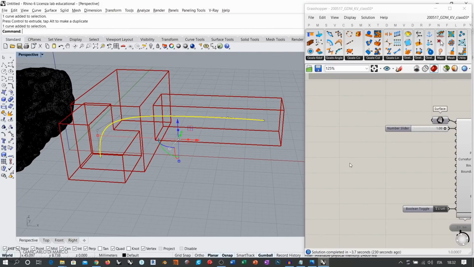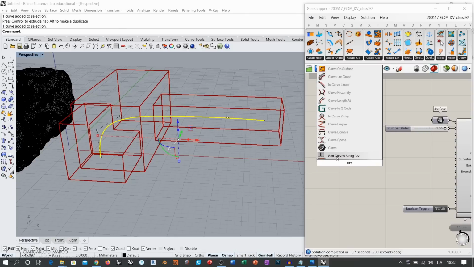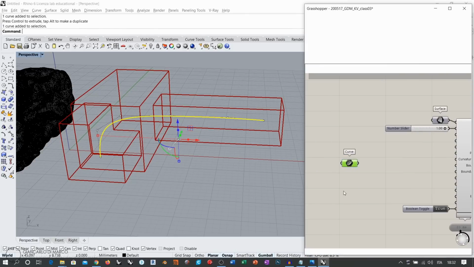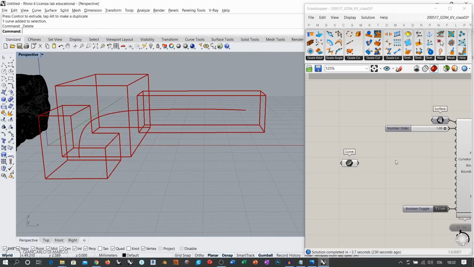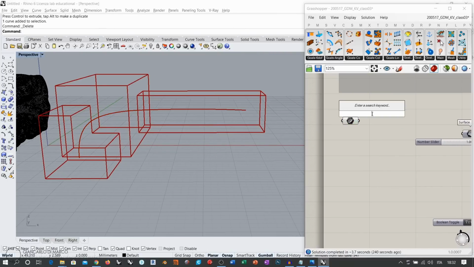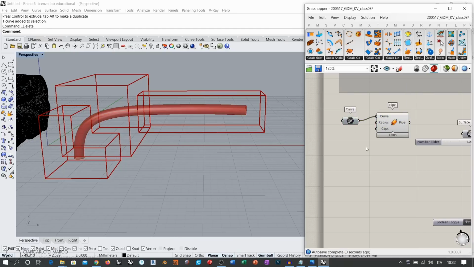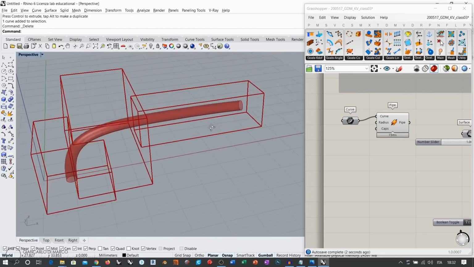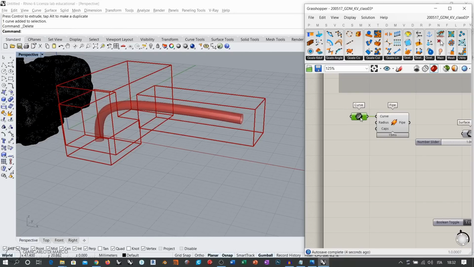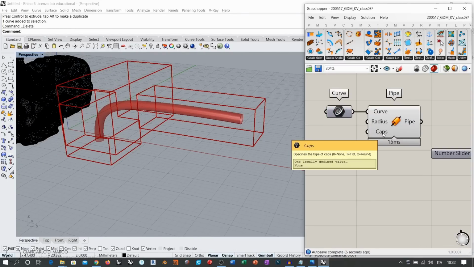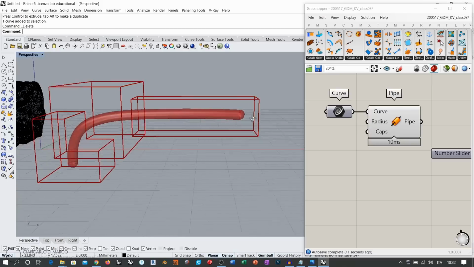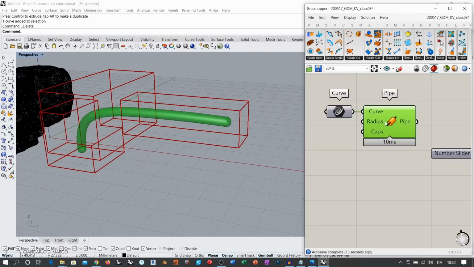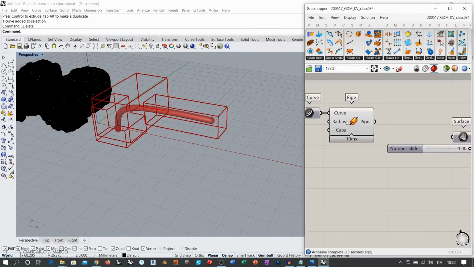We can take this curve, set one curve, internalize data, get rid of this, and convert this into a solid, like with a pipe. This size looks quite good, actually. And with caps, flat, round, it doesn't matter, actually. It's going to be remeshed by the mesh machine.